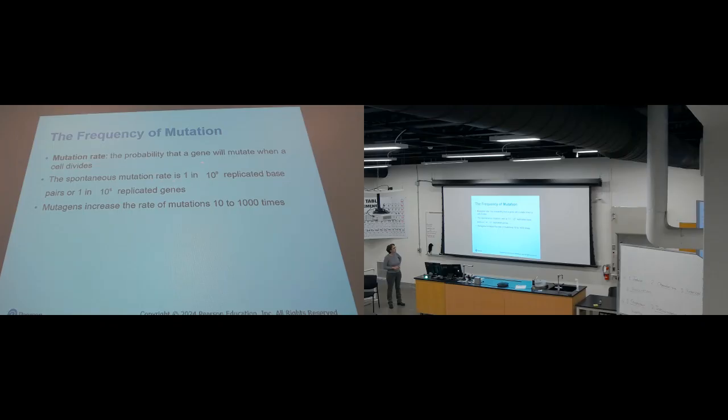And the spontaneous mutation rate that we have is 1 in 10 to the 9th, which is kind of good. And the replicated base pairs can range as well, sometimes carrying mutations up to 1 in 10 to the 6th.